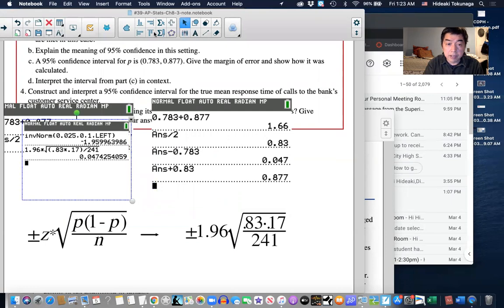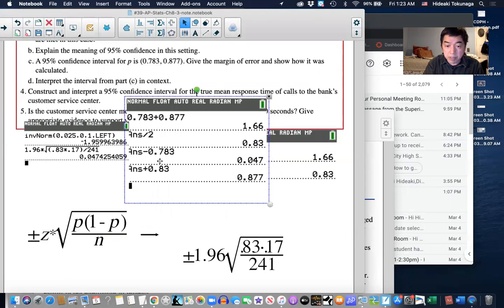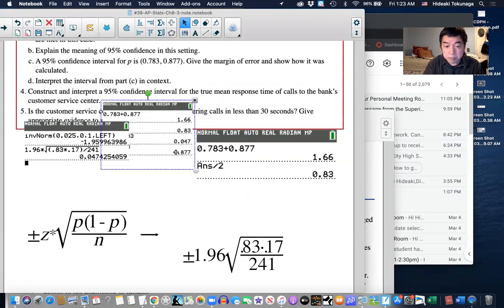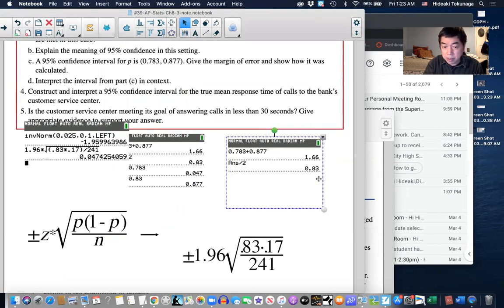Let me highlight this. This is my way, and this is the proper way.